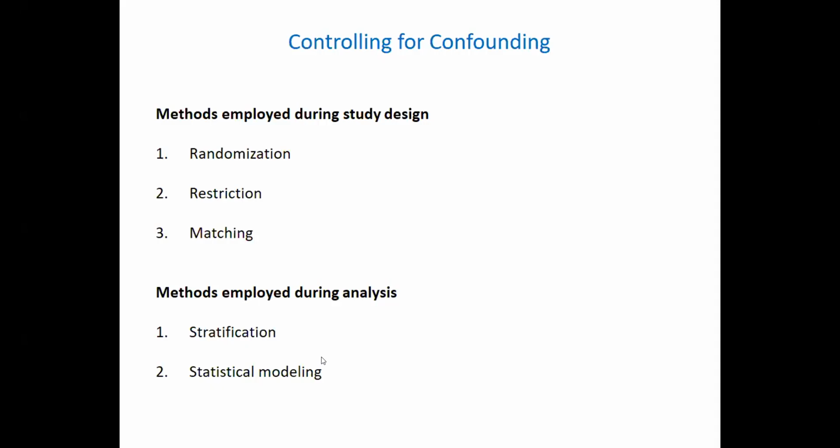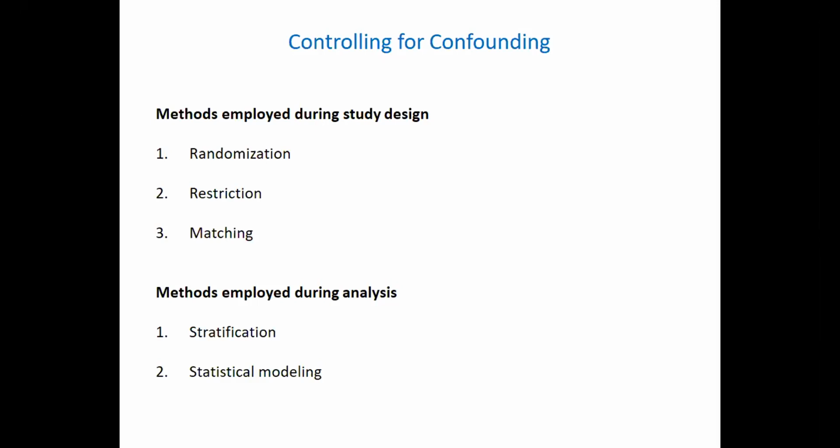So restriction is when you identify that factor and you restrict the factor. So you avoid recruiting anybody that has that factor. Like for example now, this issue of smoking and alcohol. You may say, okay, we don't want tobacco use, you don't want smoking. It's out of the game. So that is restriction.